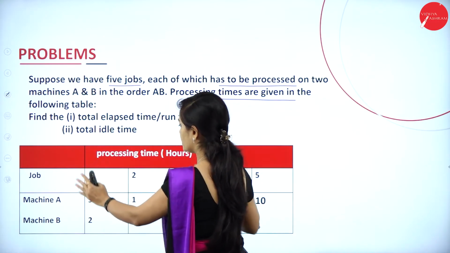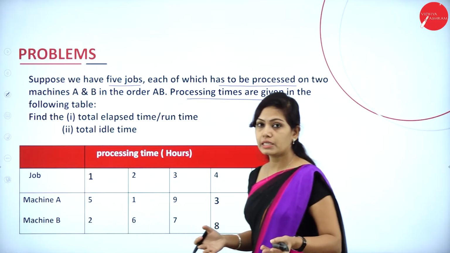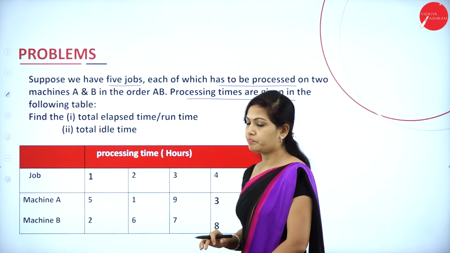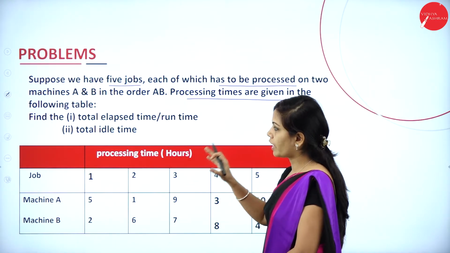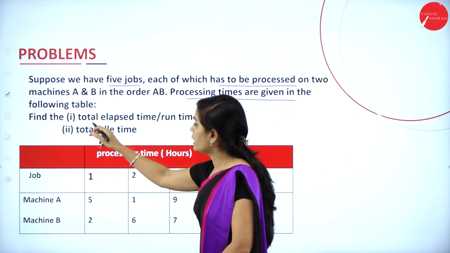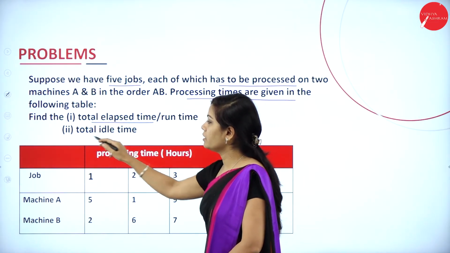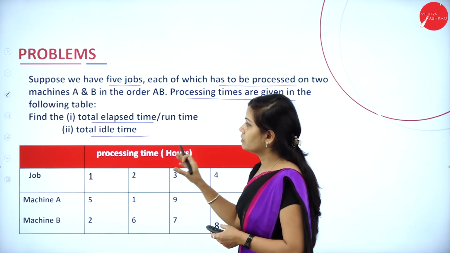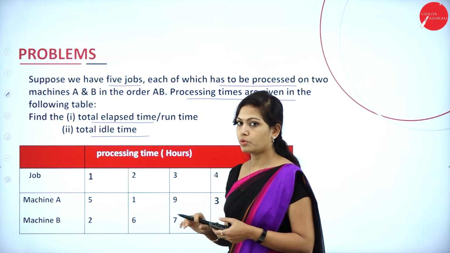You will get one table, which can be horizontal or vertical. In the exam, they will give one table. Here you have to find the processing time, total elapsed time, run time and total idle time. This is about your job sequencing question.